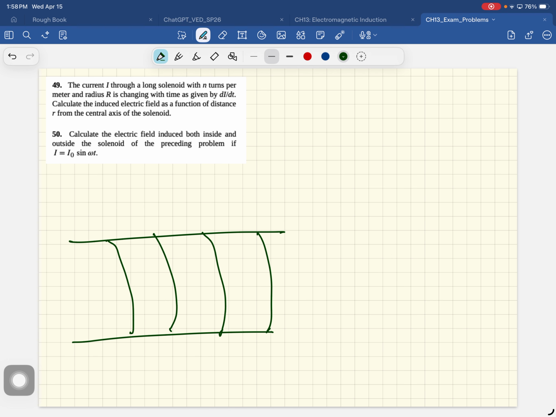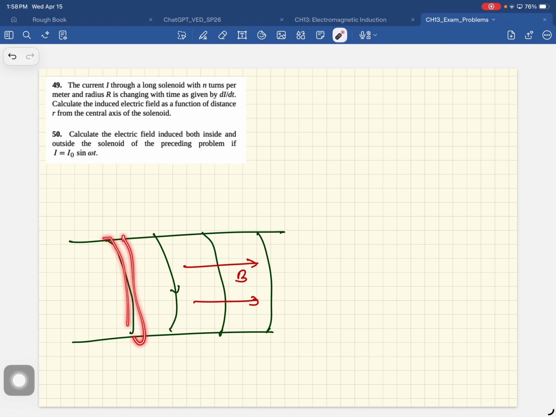So for r less than R, E times 2 pi r is equal to d by dt of mu naught n I pi r squared.